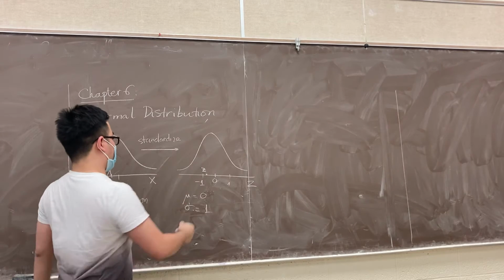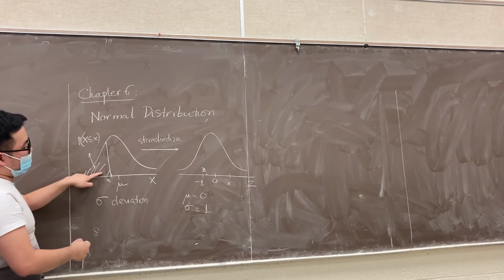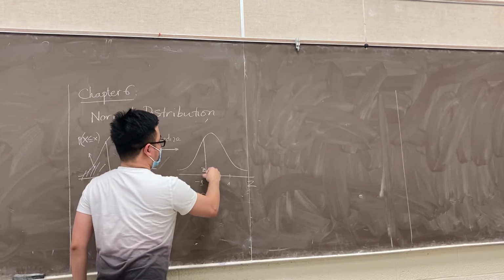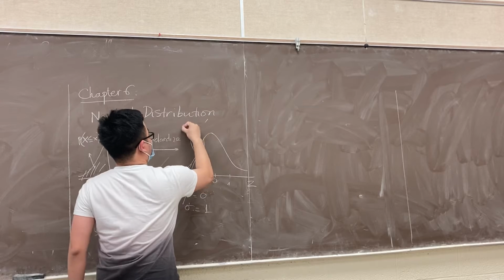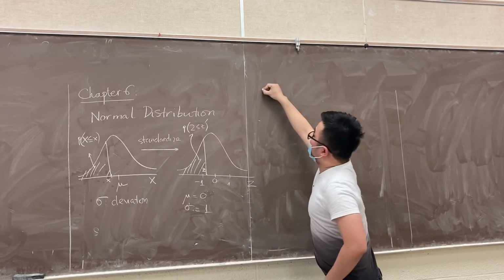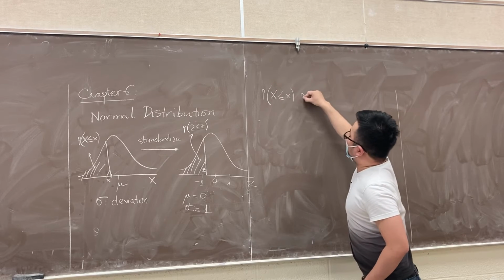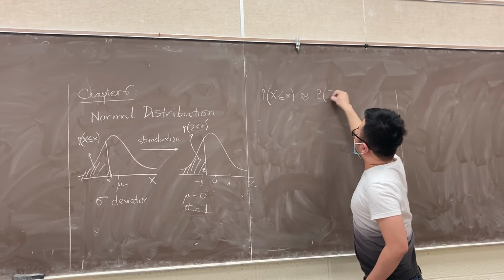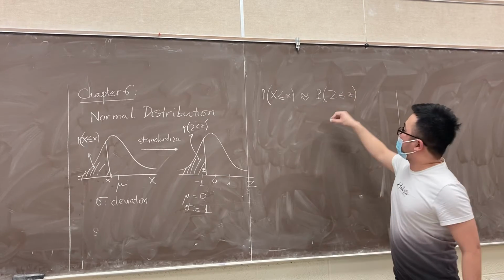Instead of calculating this area, we can calculate this area. This area is the probability of Z less than z, and the probability of X less than x is approximately the probability of Z less than z.